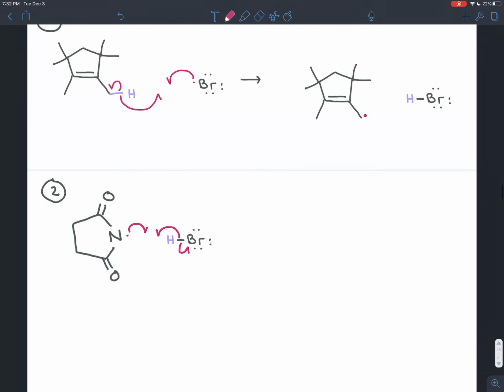So this is very similar. Compare these arrows to these arrows up here. They're very similar. You might pause the video and compare those. So you'll see that they both form a new bond with fishhook arrows pointing to the space where the bond is forming, and the bond that they're breaking has a radical snapping back onto an atom.